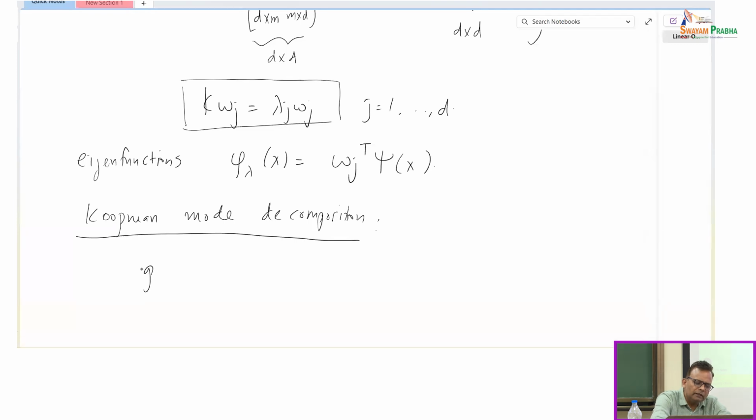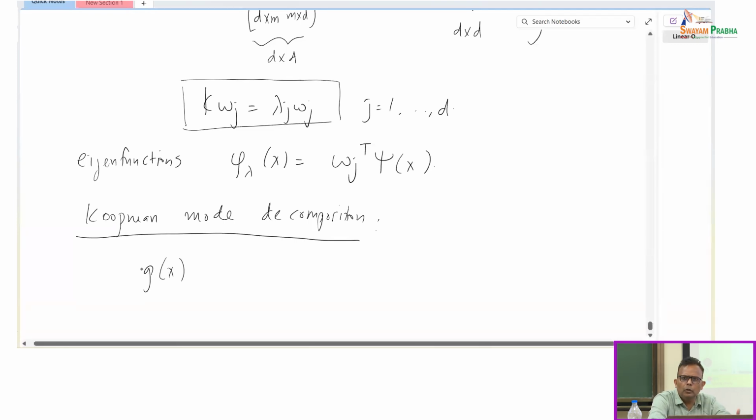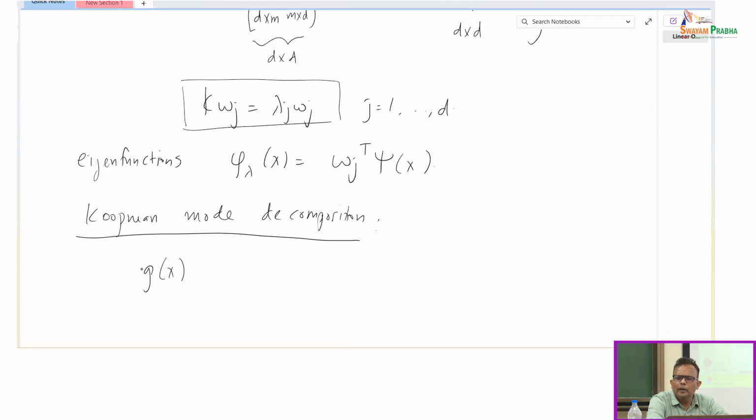To put things in a more applied context, think of g of x as some density function, like a probability density function. That is, you have some initial mass distribution of initial points, and g of x describes the distribution of the initial points in the state space.